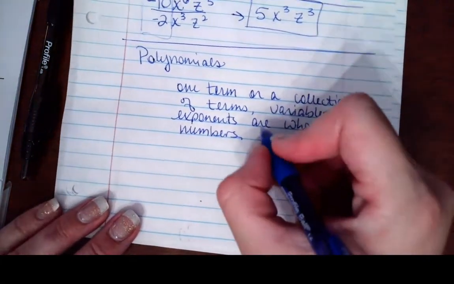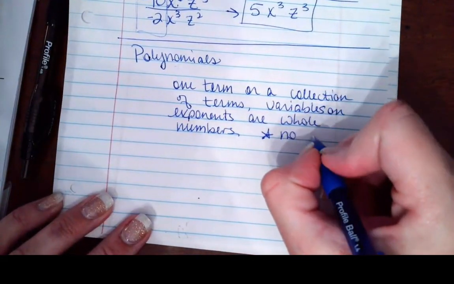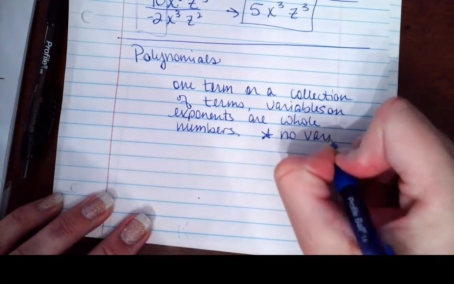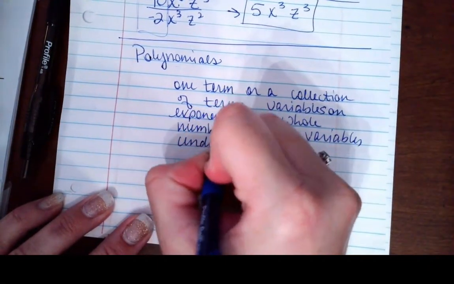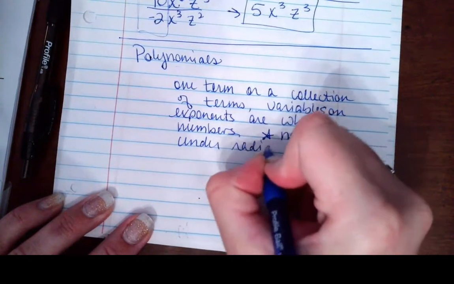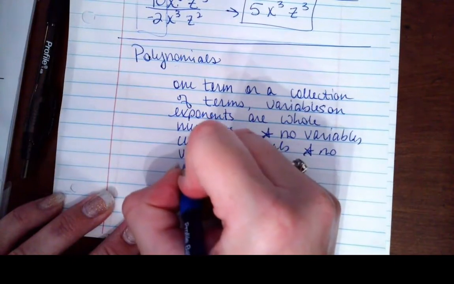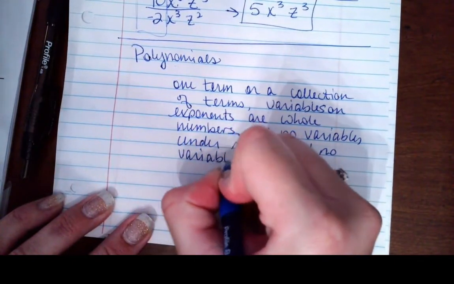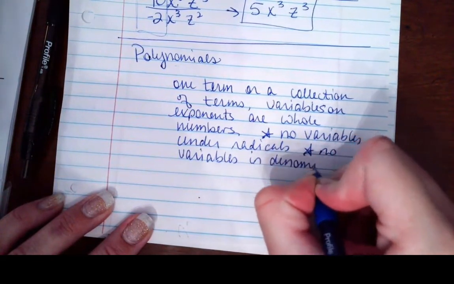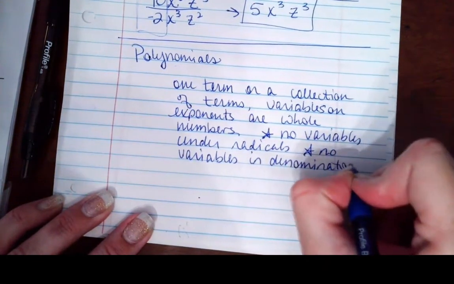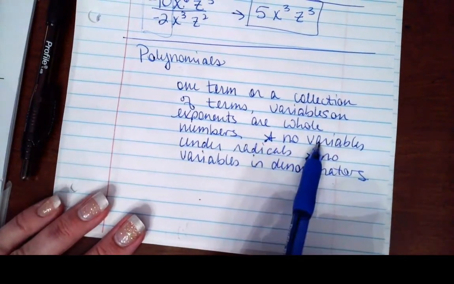Okay? And what we want to make sure is that we've got no radicals, no variables under radicals, and we are going to say that there are no variables in denominators. Okay, so this is just another way of reiterating that our exponents have to be whole numbers.